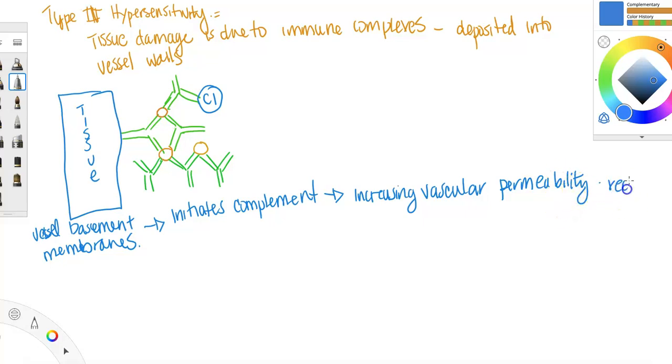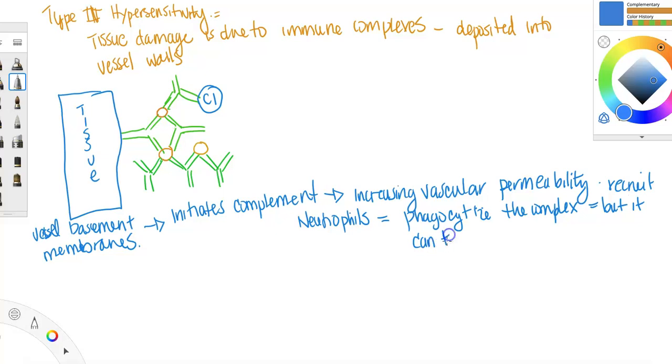So it recruits neutrophils. Phagocytes and neutrophils are the same one. And these try to phagocytize the complex, but it can't.